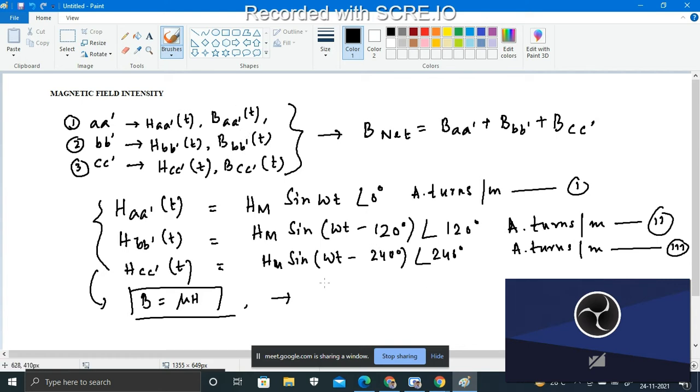So for that we are considering B_A' equals Bm sine of omega t at an angle 0 degree.